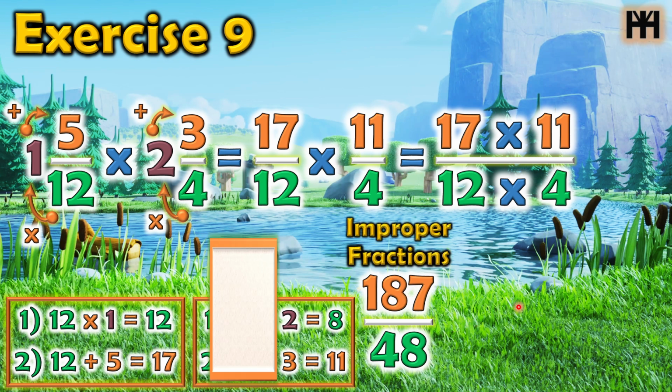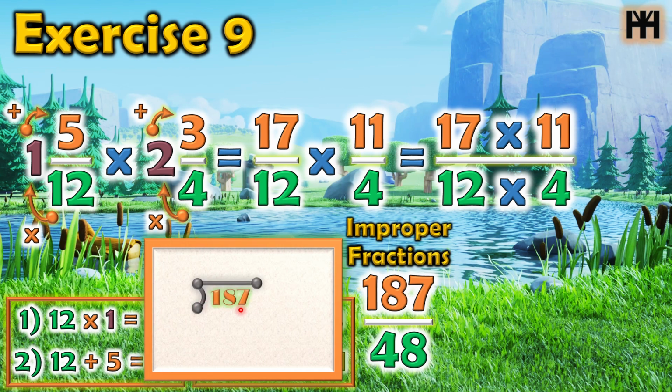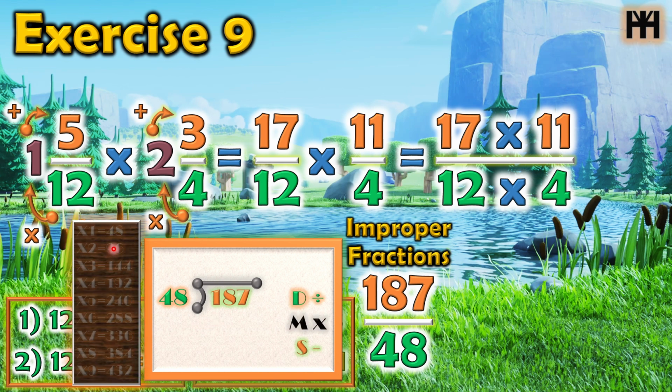So this is an improper fraction. Let's simplify it. It's 187 divided by 48. Let's make like a table for 48 here. So 48, 1 divided by 48 can't be, so add 0 here. 18 divided by 48 can't be, 18 is still smaller than 48, so add another 0. So 187 divided by 48, there is a place for 3 48s.